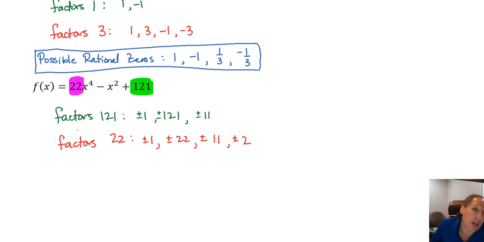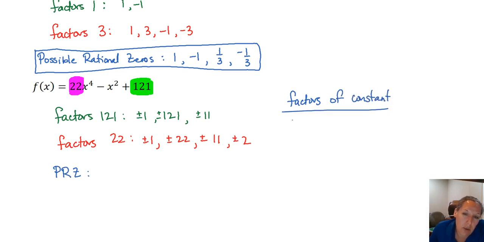And so our possible rational zeros here are going to be any combination of something from the top list divided by something from the bottom list. You always do factors of the constant divided by the factors of that leading coefficient. So we're going to have 1 over 1, which is 1.